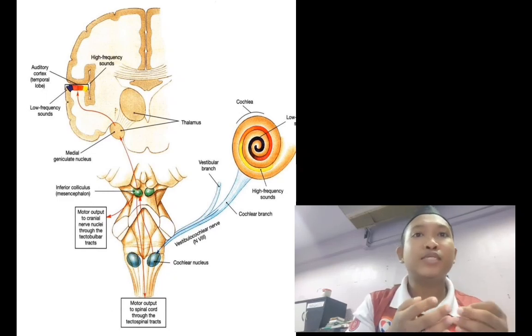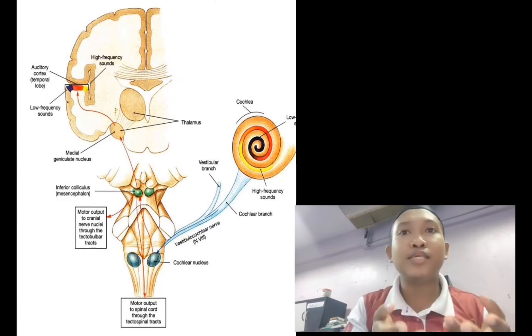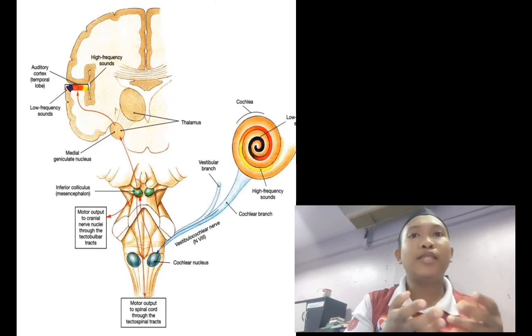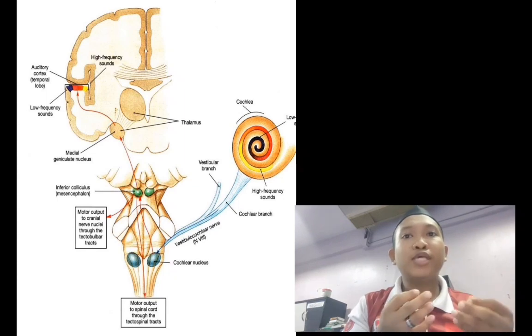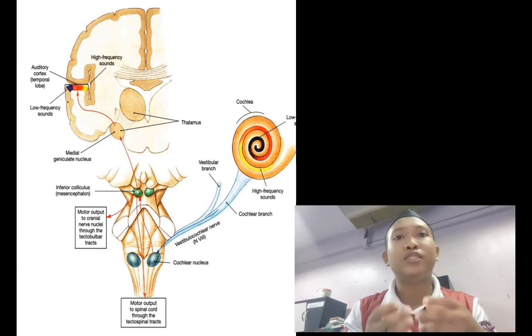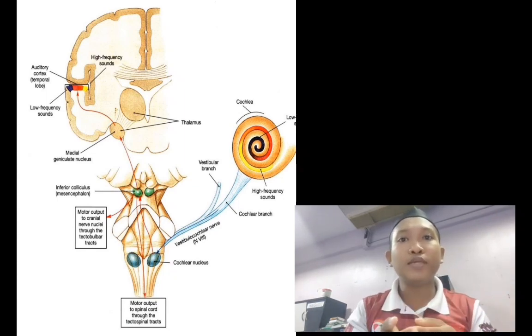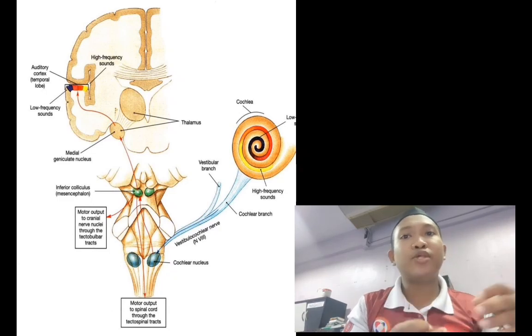Before reaching the cerebral cortex, ascending auditory fibers synapse in the medial geniculate nucleus of the thalamus. Projection fibers then deliver the information to the auditory cortex of the temporal lobe.